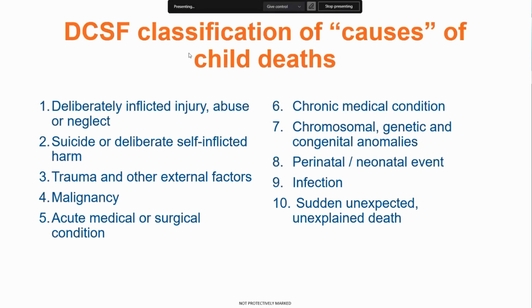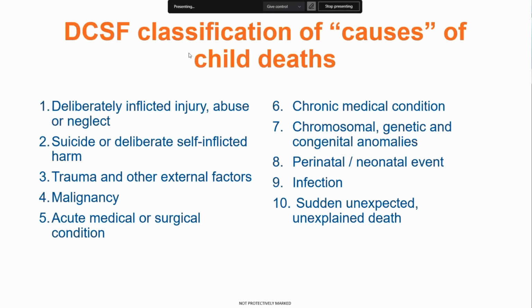We can also have trauma or other external factors, malignancy, acute medical or surgical conditions, if a child had a chronic medical condition, or maybe there was some sort of chromosomal, genetic and or congenital anomalies. If there was a perinatal or neonatal event, it could be an infection, or it could also be classified as a sudden unexpected death in infancy.